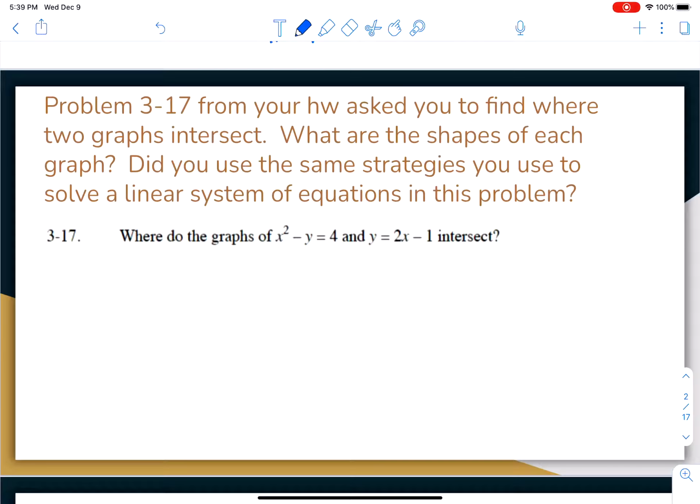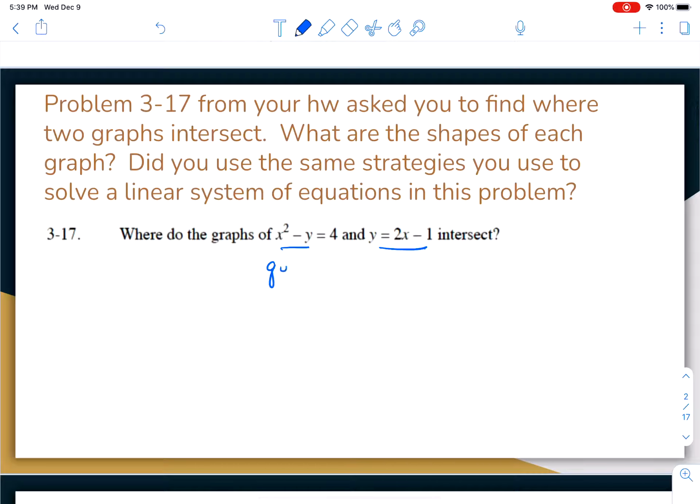One of your homework problems from an earlier section asked about the graphs of these two equations. Looking at this first equation, you have a quadratic. The second equation is a line.